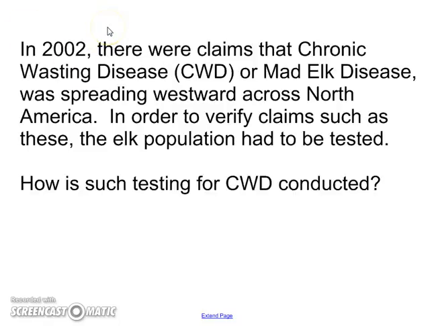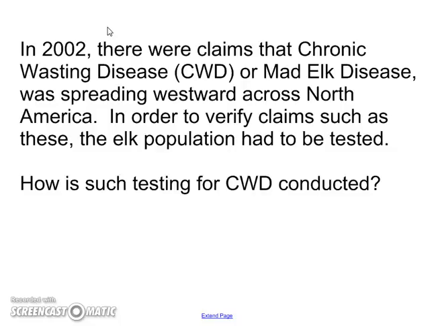So as a discussion item, in 2002, there were claims that chronic wasting disease, CWD, or mad elk disease, was spreading westward across North America. In order to verify claims such as these, the elk population had to be tested. How is such testing for CWD conducted?